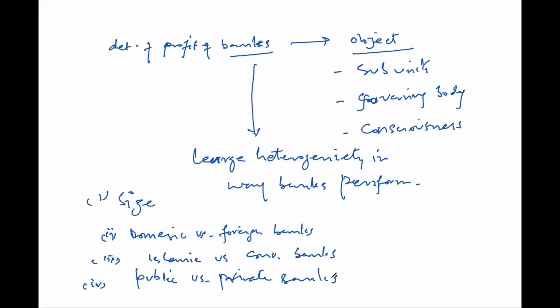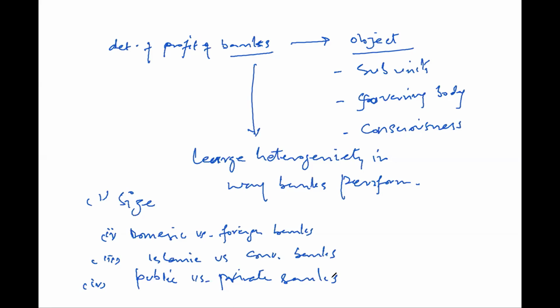So when you say determinants of profit of bank and you group all of the banks together, what happens is that it assumes that they are all alike, and it tries to fit a model where you have some specific independent variables and a profitability variable as the dependent variable. But what it is missing is that you have not incorporated the subgroups that exist within the overall sample of banks.